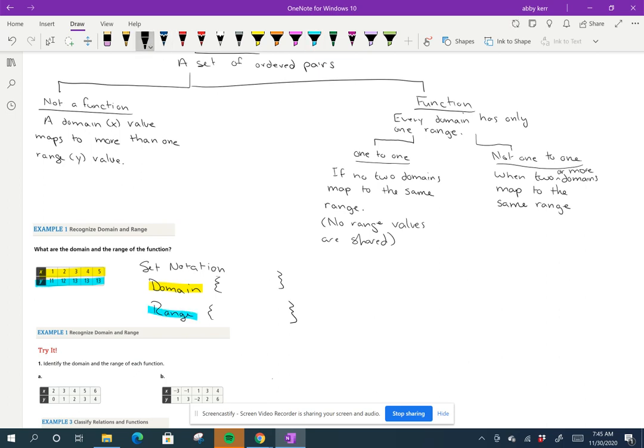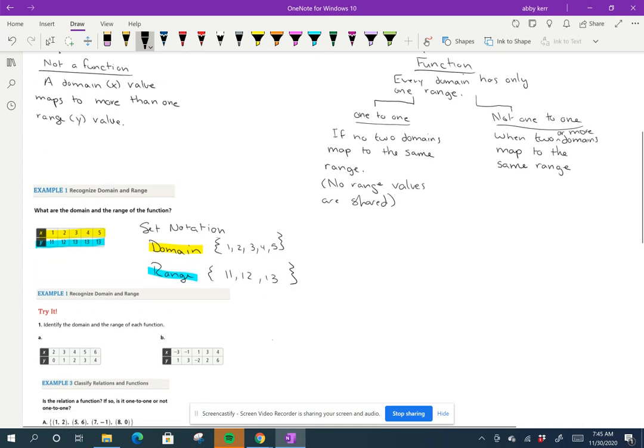Now remember the two rules. If it repeats, write it once, and smallest to biggest. So none of my values repeat, and they're already in order, so I'm just going to list them as 1, 2, 3, 4, and 5. Now my range, on the other hand, is 11, 12, and 13. 13 happens 3 times, but I'm only going to write it once.